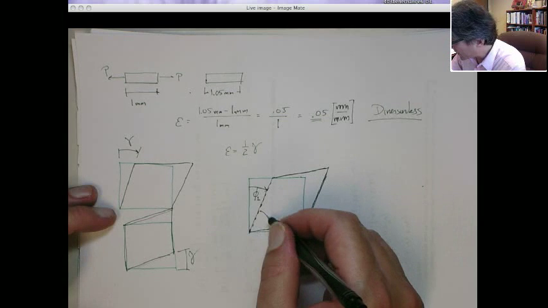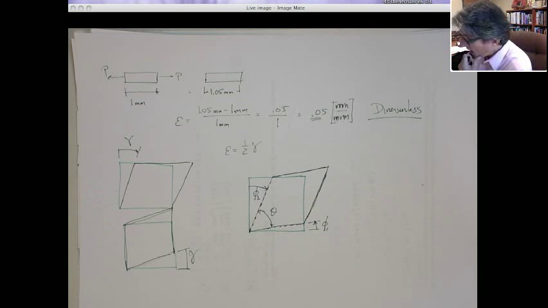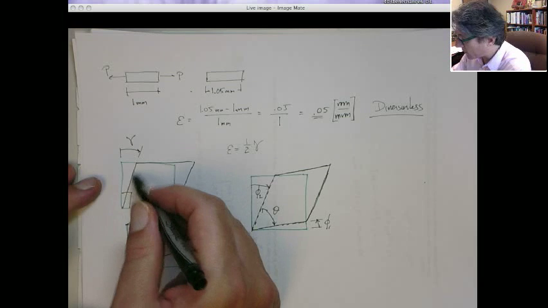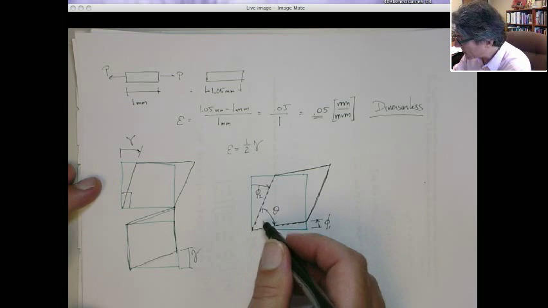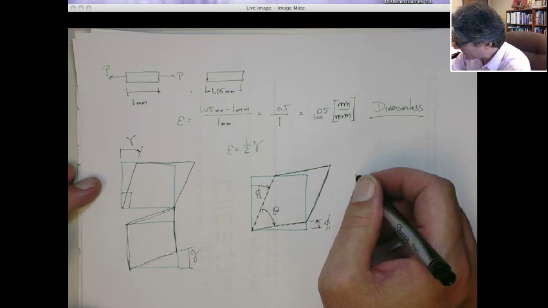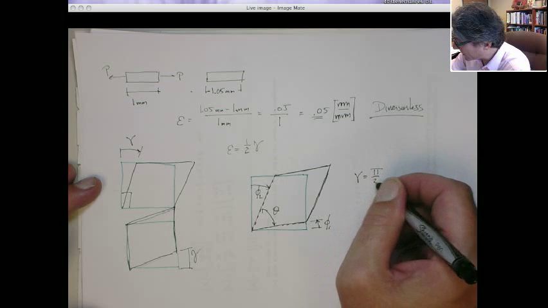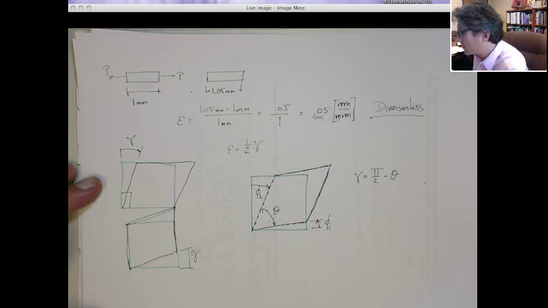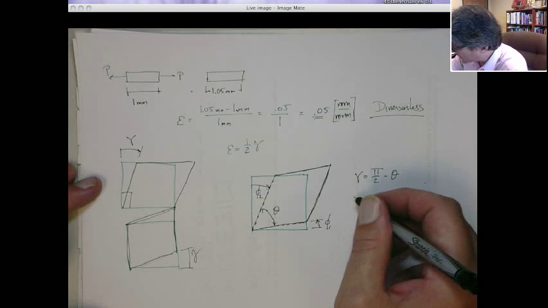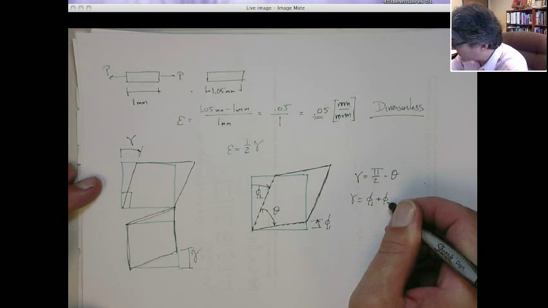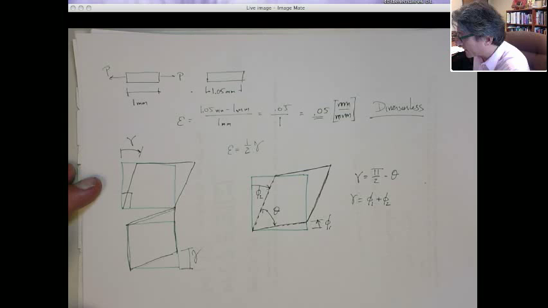And we can even call this angle here theta. That's the included angle. What you can see from this one, well, what is gamma here? Gamma is really the change of the deformed shape off of 90 degrees. So gamma is pi on 2, 90 degrees, minus theta, the way I've drawn this. Or, in other words, I can write gamma as Phi1 plus Phi2. It's the sum of those two angles that gives you gamma.